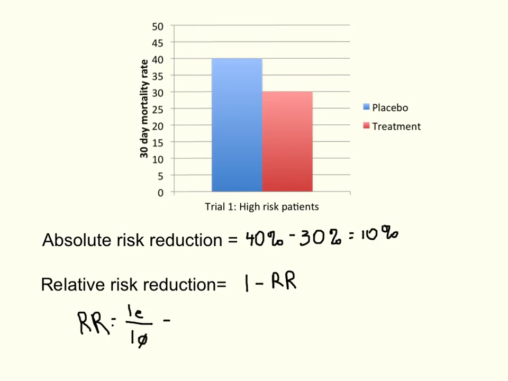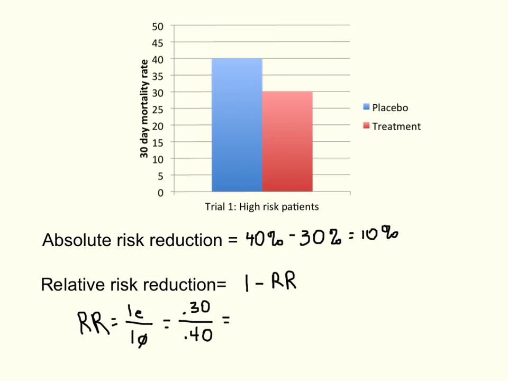So here, what is the incidence in the exposed? Which is the exposed group? Well, we're looking for the effect of the treatment, so the treatment will be our exposure. What's the incidence in the treatment group? That is 30%, so we're going to write it as 0.3. And then what's the incidence in the placebo or the unexposed, which is 0.4.